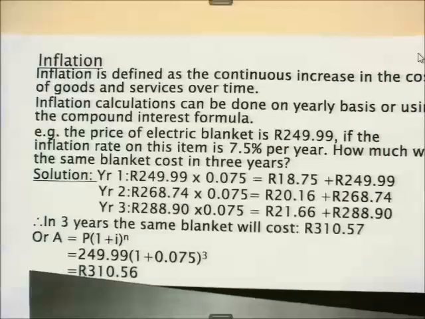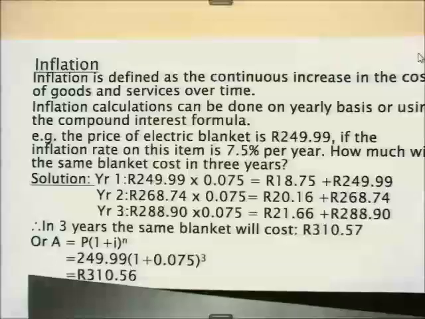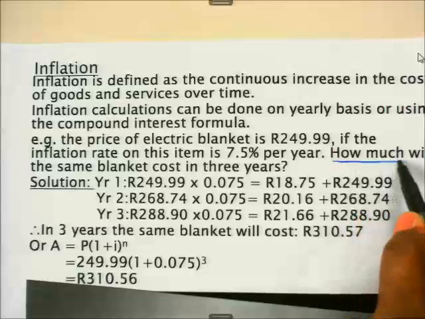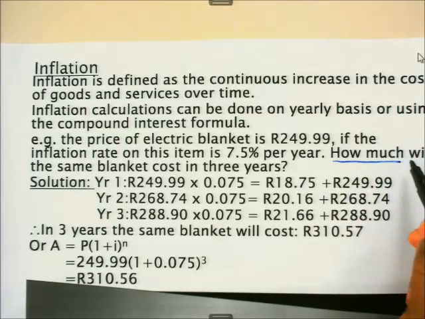Let's do this example. The price of an electric blanket is 249 rands 99 cents. If the inflation rate on this item is 7.5% per year, how much, the question says, how much, this is very important that you understand what you are requested to do.